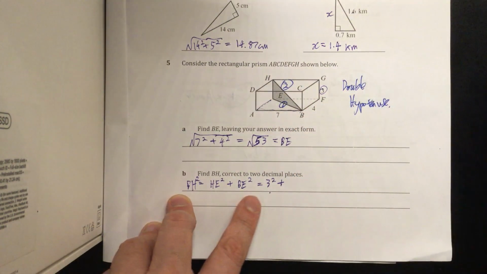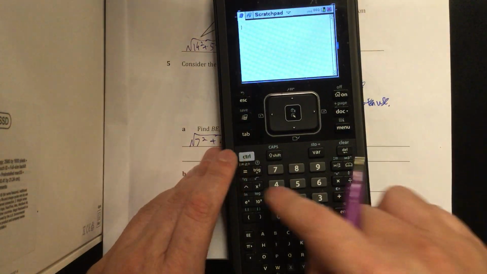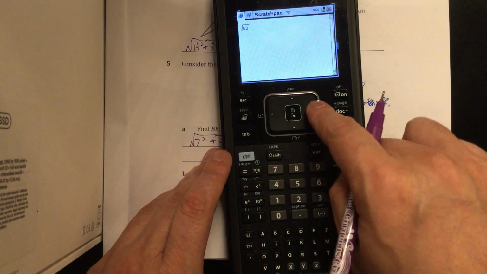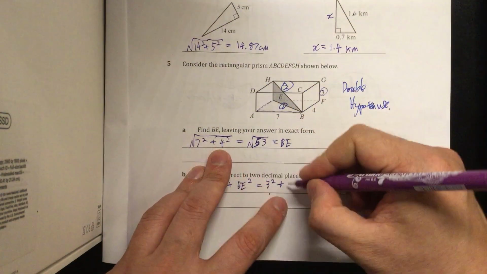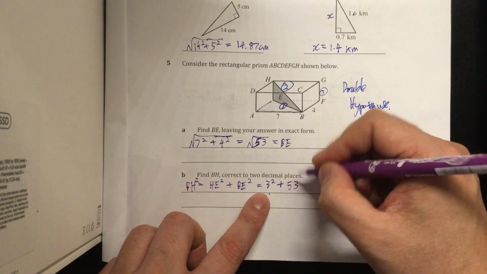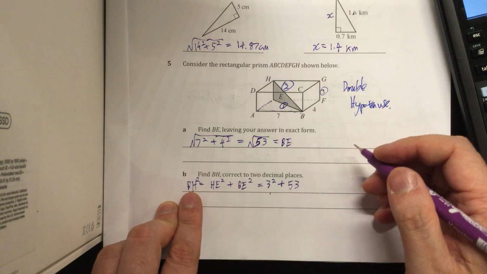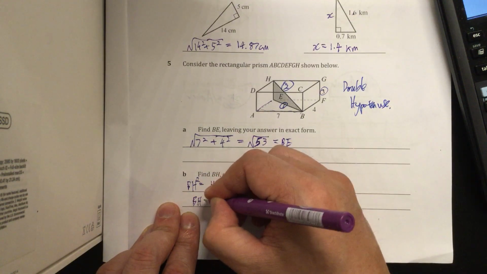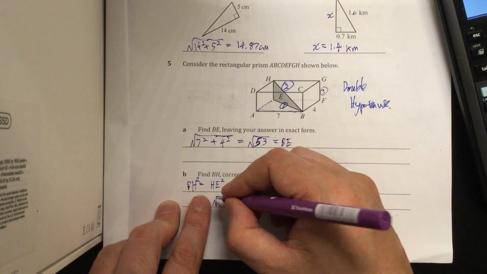Now remember, if you square a square rooted value, you lose the square root. If you square root this number, let's say 53, and you put a square in front of it, boom, you lose the square value. So plus 3 squared, it just simply becomes 53. Okay, and in order to figure out BH, well, BH equals square root, because at the moment the original value is squared.